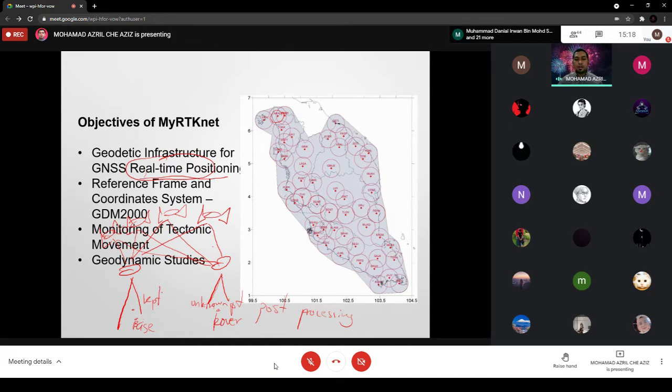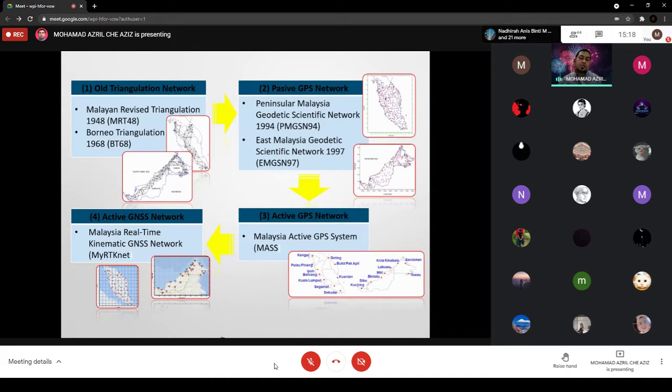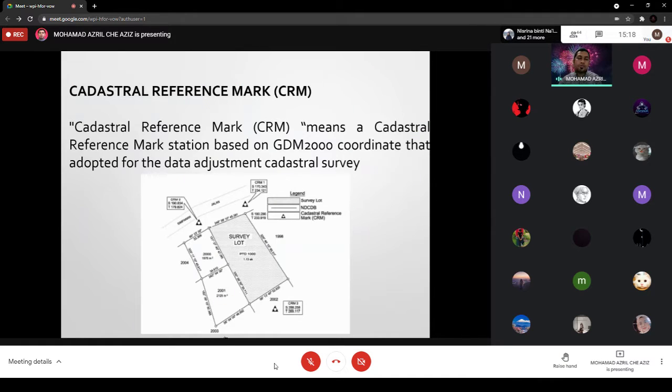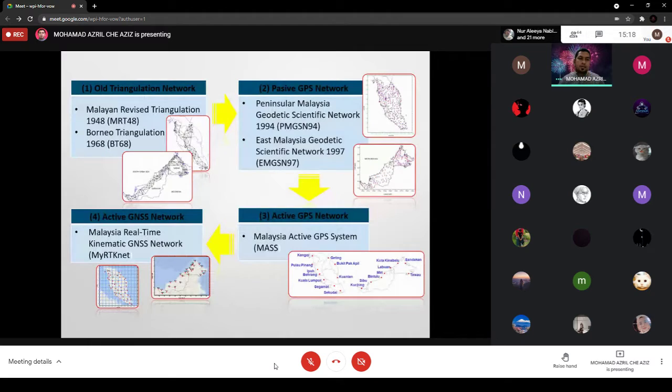There is no need, like previously, to go to the office and do the processing before you get the data and the coordinate that you can use. Why do I explain this? Because later you will use it to set up the CRM, the cadastral reference mark.